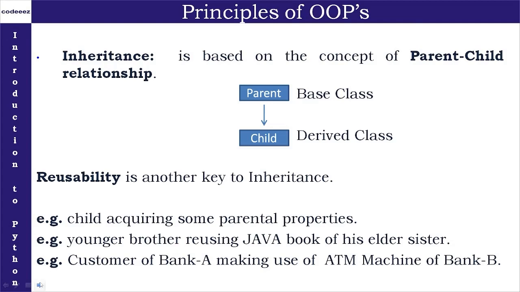For example, a few illnesses like blood pressure, blood sugar: if a father is having blood sugar or blood pressure, it may get transferred to the child. This is what is known as heredity. Now, when we talk about inheritance, it is simply acquiring of the parents' property by a child. This is what is known as inheritance.